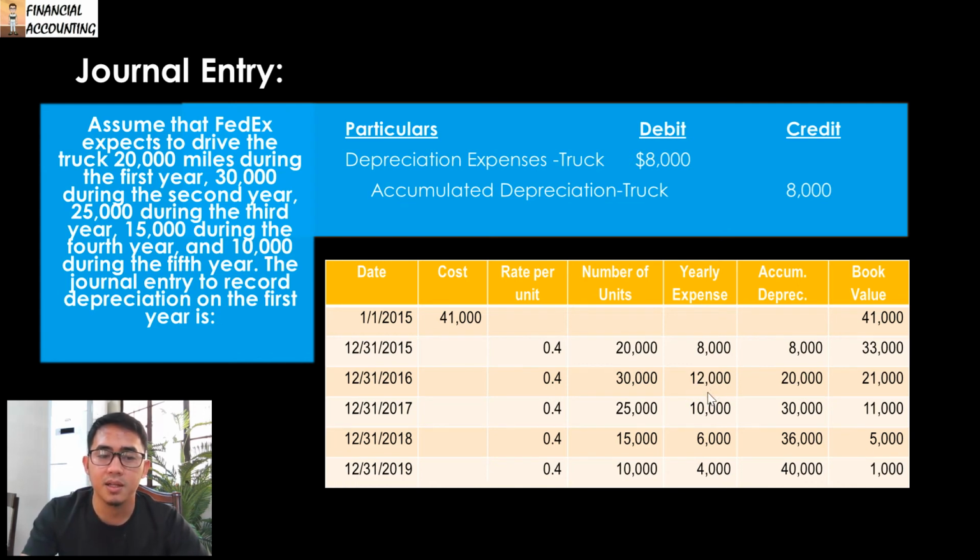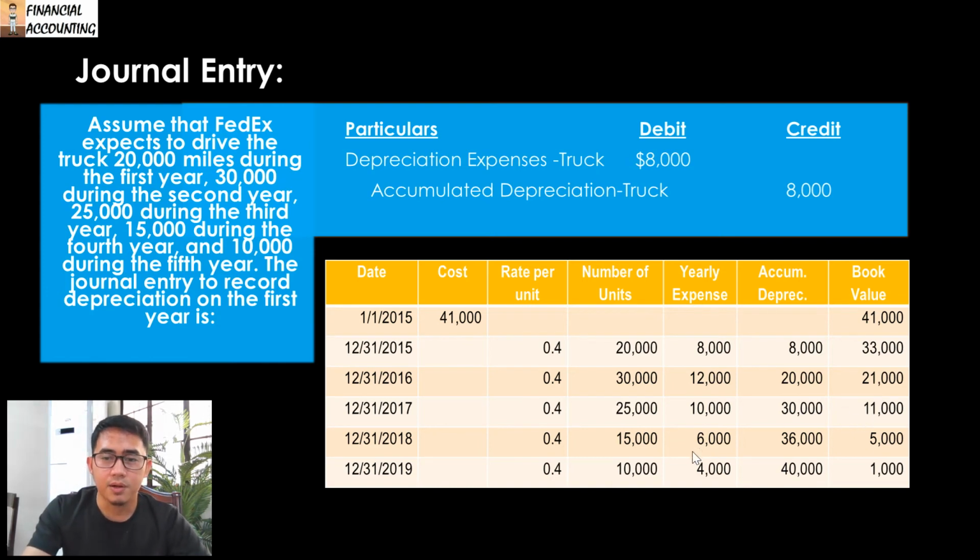So your accumulated depreciation now becomes 20,000. So your book value is 21,000. That's 41 minus 20. On the third year, you recorded depreciation expense of 10,000, and your accumulated depreciation becomes 30,000. So 41 minus 30, that's 11,000.